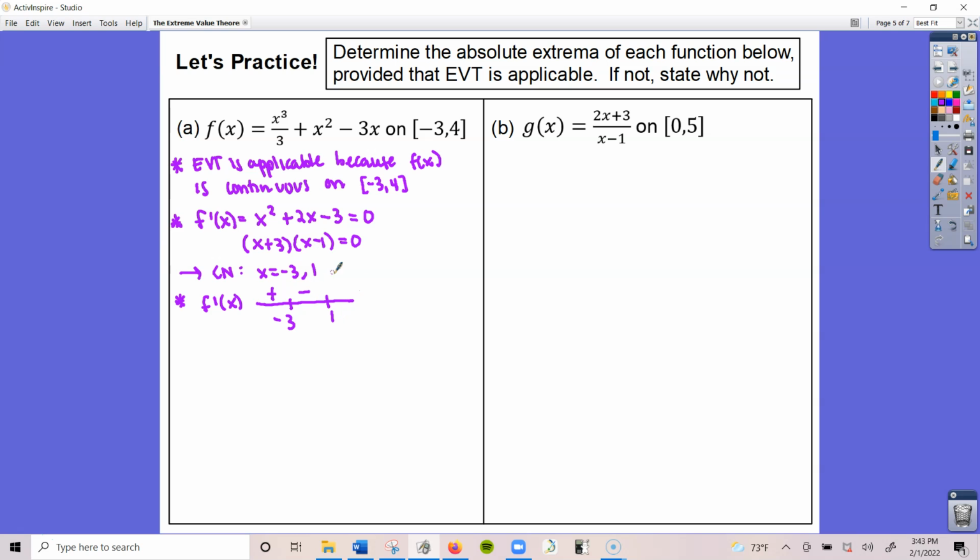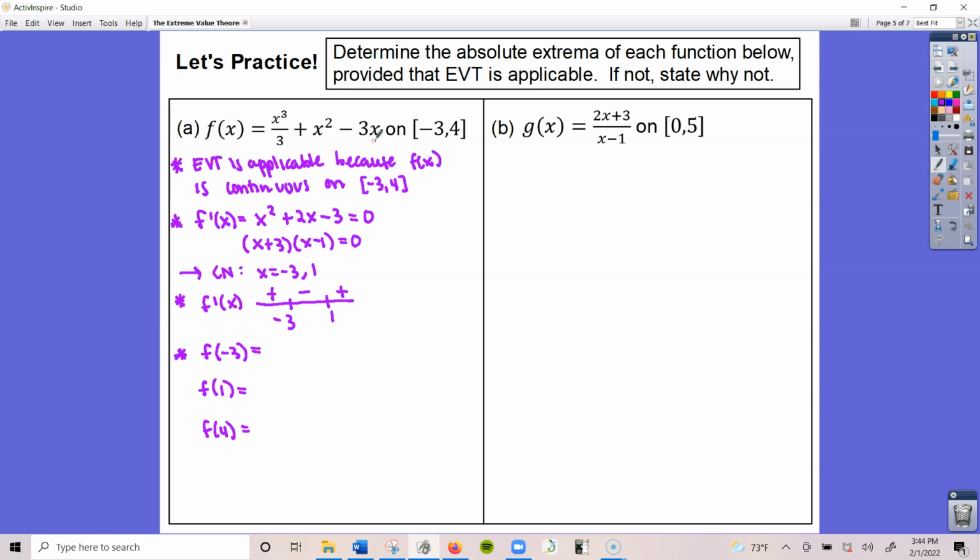And if I plug in 2, this would be positive, this would be positive, so positive. So both here are extrema. So now I'm going to test my values. I need f of negative 3, f of 1, and then my endpoints. I already have negative 3 here as one of my critical numbers, and f of 4.